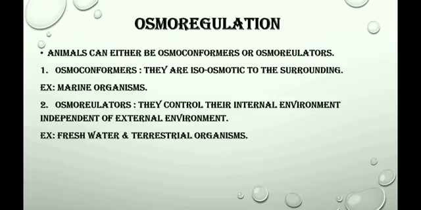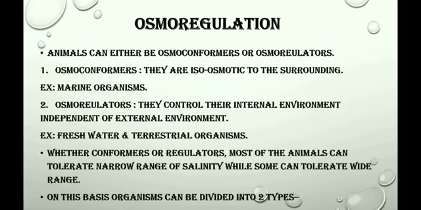Now, whether the animal is an osmoconformer or an osmoregulator, most of the animals can tolerate a narrow range of salinity, while there are some animals who can tolerate a wide range of salinity. On the basis of this condition, organisms can be of two different types. It can be stenohaline or it can be euryhaline.